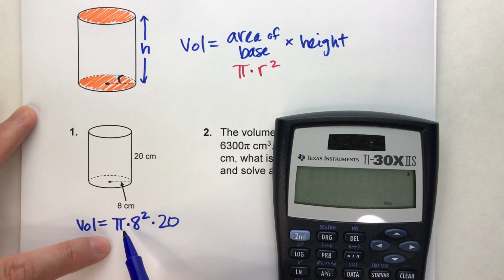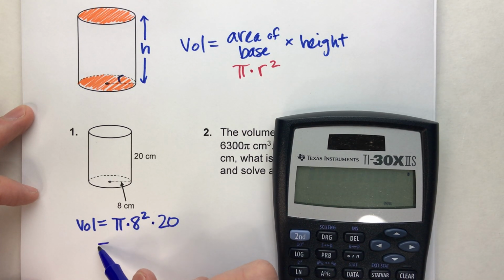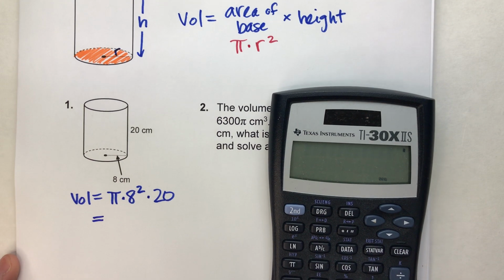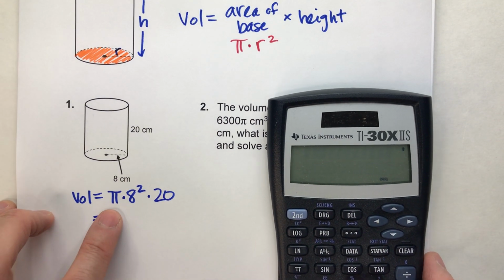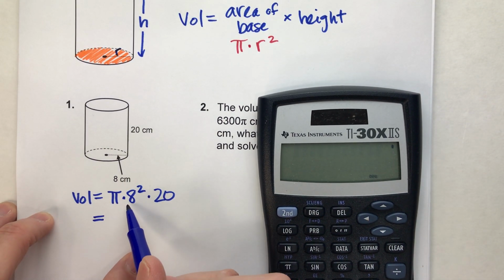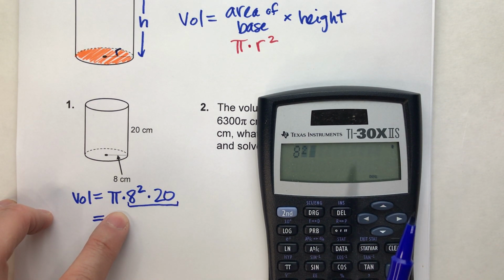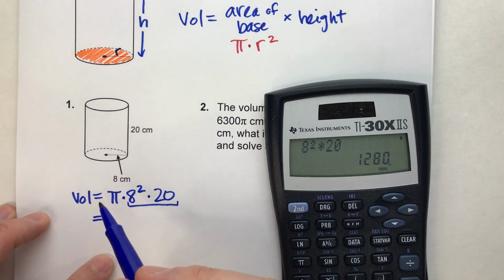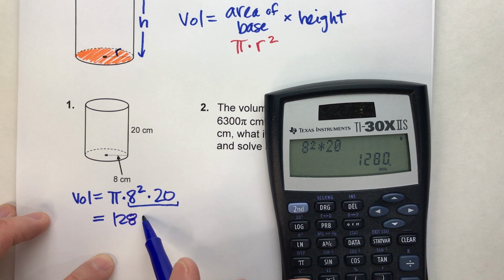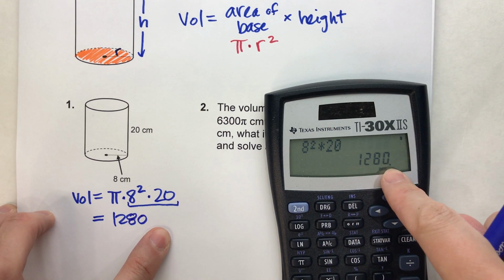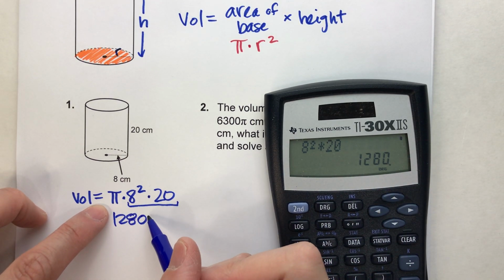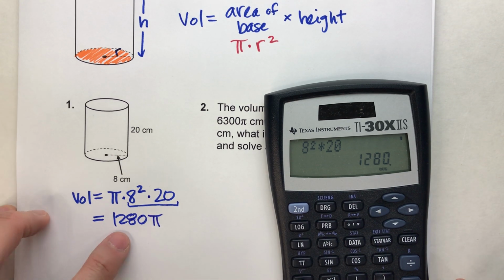Now, because we have pi in here, I'm going to give your volume in two different ways. One way, I'm going to give an exact form in terms of pi, meaning I'm going to multiply everything in here on my calculator except the pi. So I'll do the 8 squared. I'll do the times 20. I get 1,280. But I didn't put the pi in the calculator because I'm going to leave pi next to the 1,280.